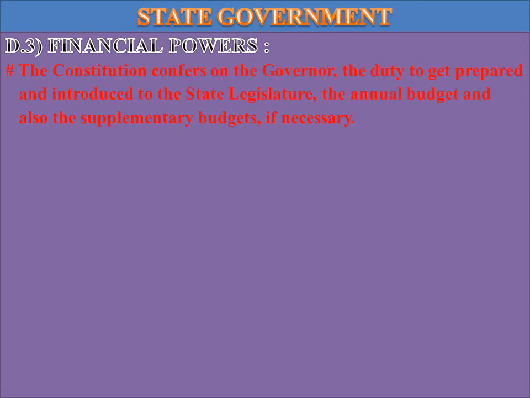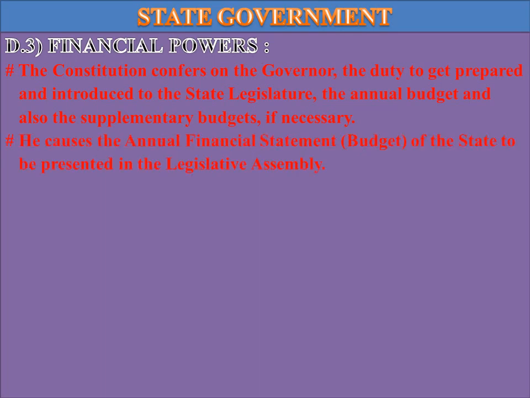The next power of the governor is the third power, financial powers. The Constitution confers on the governor the duty to get prepared and introduce in the state legislature the annual budget, and also the supplementary budgets if necessary.